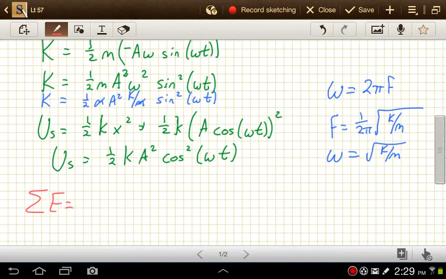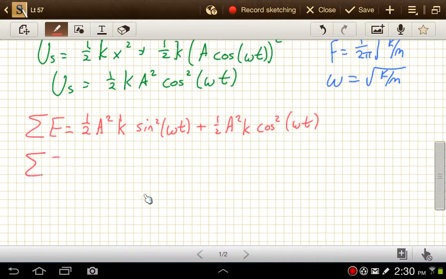is going to be equal to 1/2 times, no m there, a squared k, the spring constant, times sine squared of omega t, plus 1/2, and I'll just reorder this one, a squared k cosine squared of omega t.